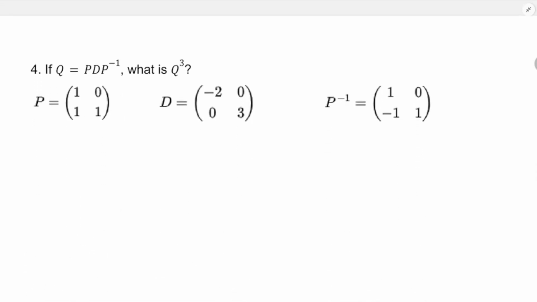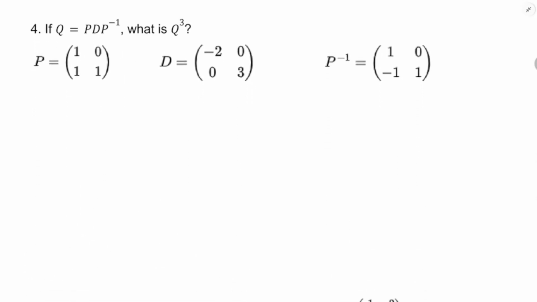All right. Now, if Q equals PDP inverse, what is Q to the 3? This is a problem where we're going to have to do some algebra first and make our job a little bit easier. So PDP inverse.